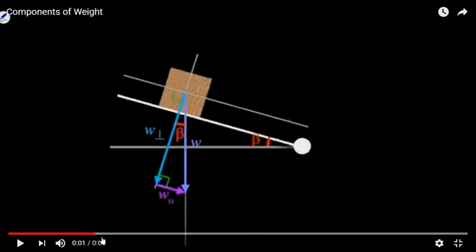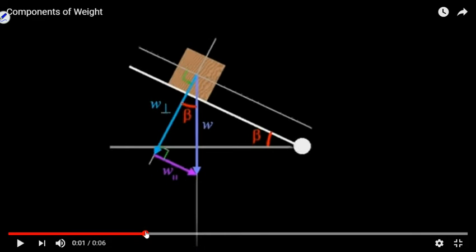And the more I move up this, I get more and more x motion, which eventually I'm going to overcome the friction force of this thing, and it's going to slide down. Does that make sense?